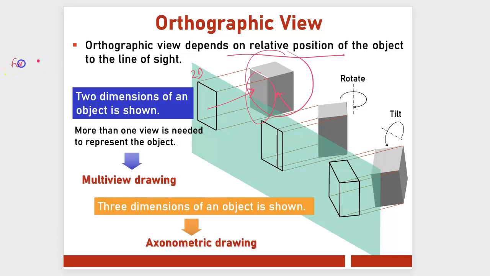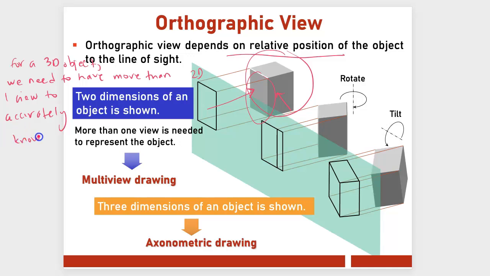For a 3D object, we need to have more than one view to accurately know how it looks like.